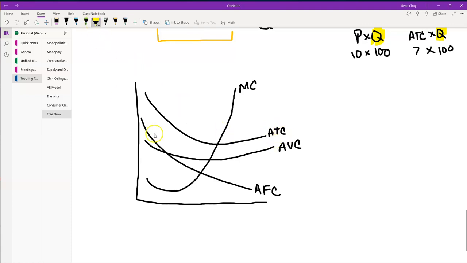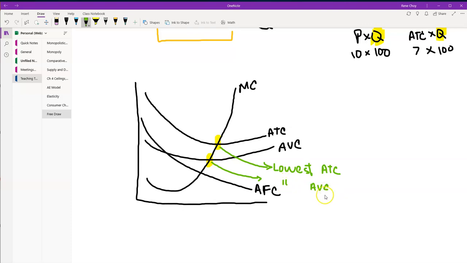And that they cross marginal costs at their lowest point. So that's the lowest average total cost, and this is the lowest average variable cost.